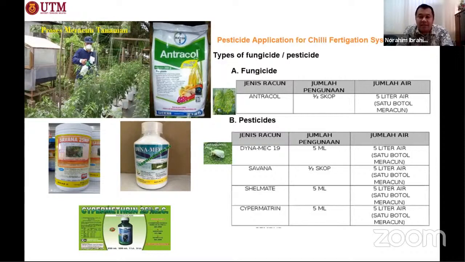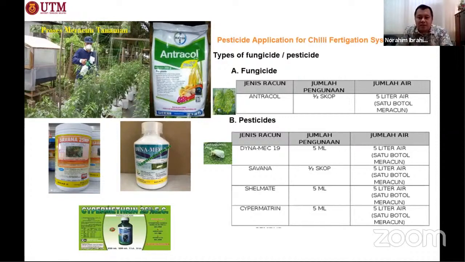Nama English dia is Anthracol. So this is one. And then they have pesticides, which are used to kill different types of pests. For example, you have aphids, you have termites, you have lalat buah, right? So there are many types of pesticides which are intended to kill the insects from destroying the crops.